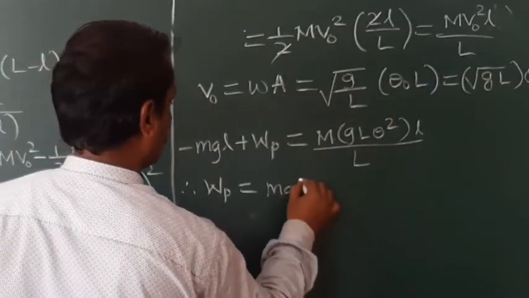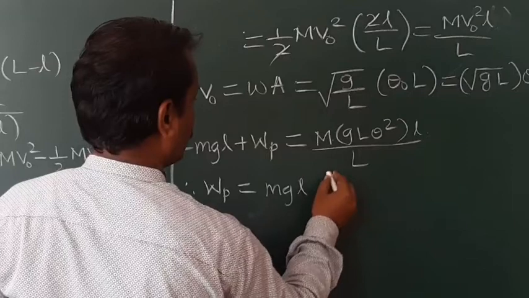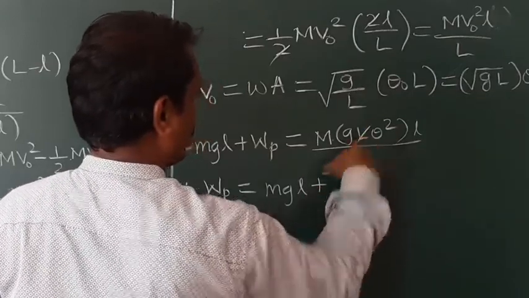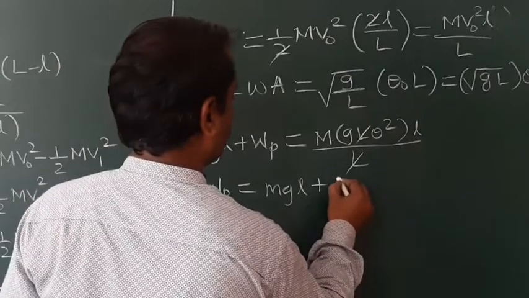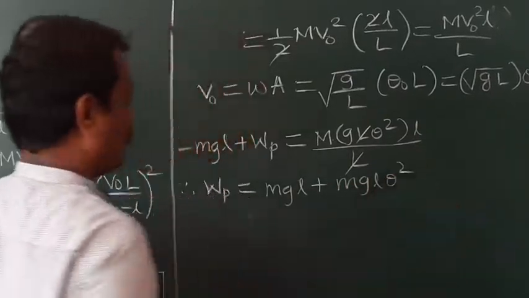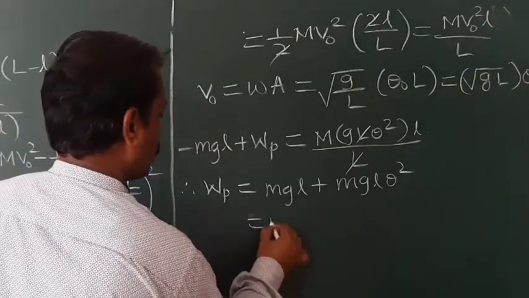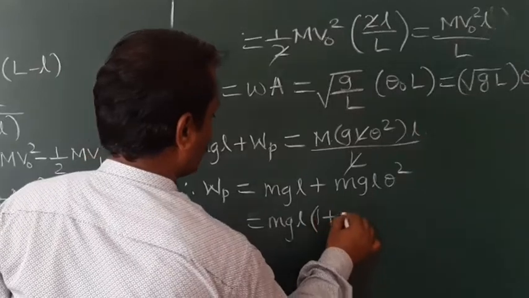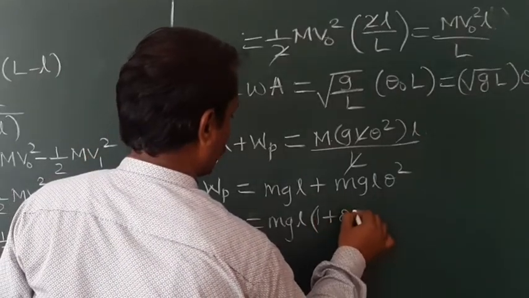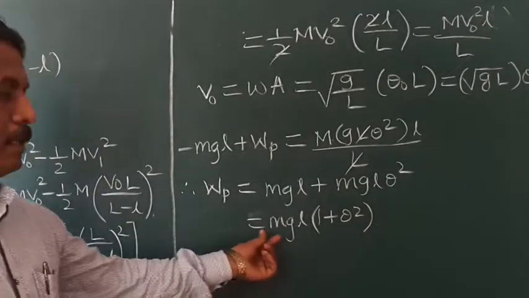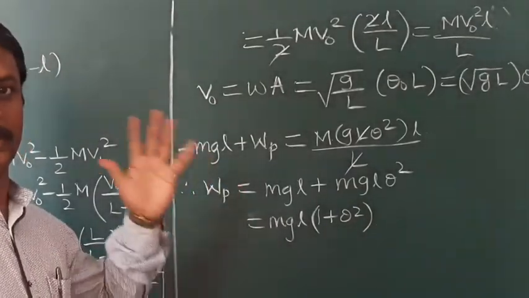So plus mgL and here it is plus, l by L gets cancelled, then we get mgL theta square. Now we will take mgL common here, then 1 plus theta square. So this is the work done by the person and this is the answer.